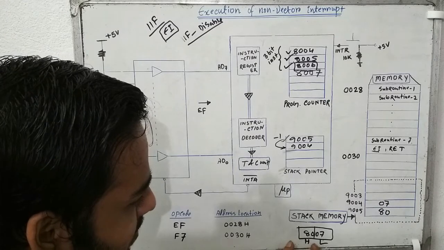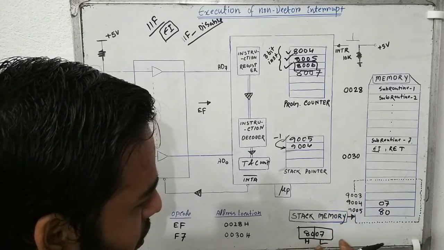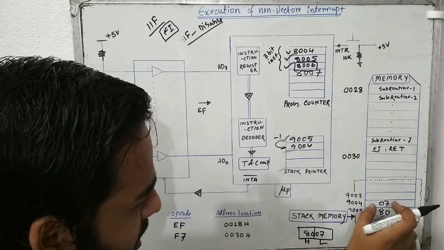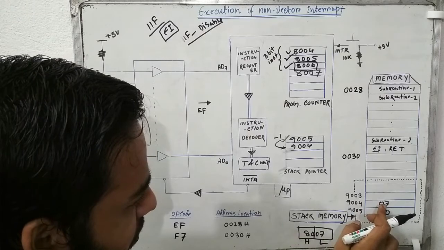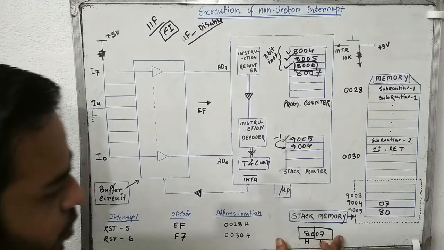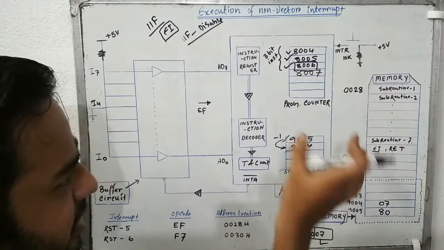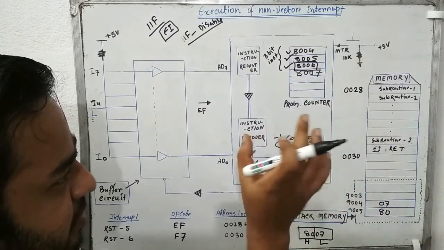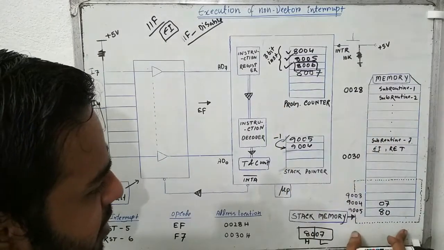So the higher byte of the address will go to the higher address location, and the lower address byte will go to the lower address location. You can see 07 is at 9004. In that way it will store the program counter value, or you may say the next instruction address, into the stack memory location.